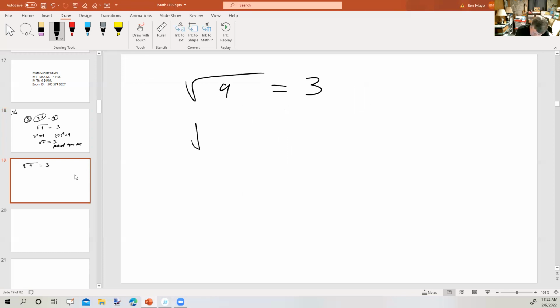Now, if we take the square root of a number that's a perfect square, we get a nice number. If we take the square root of something that's not a perfect square, we get something that's not nice, and it is irrational, which means it can't be written exactly as an integer or exactly as a decimal or even a repeating decimal. If you put the square root of 8 into your calculator, let's see, I'm going to do that right now and see what I get.